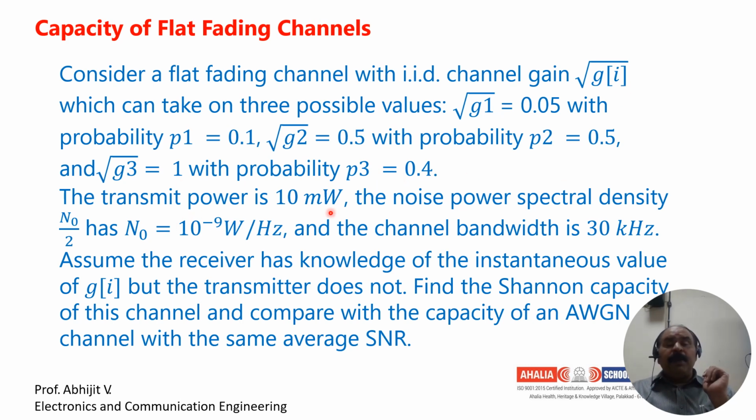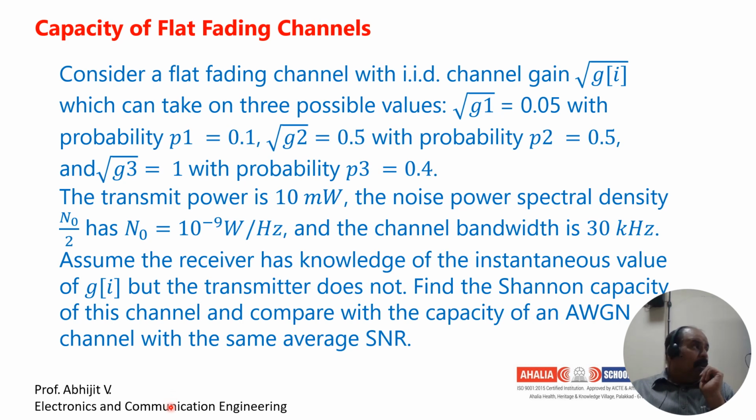The transmit power PT is 10 milliwatts, the noise power spectral density N0 by 2, we have N0 value being given as 10 raised to minus 9 watts per hertz, and the channel bandwidth is 30 kilohertz.